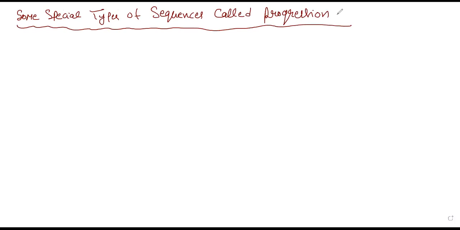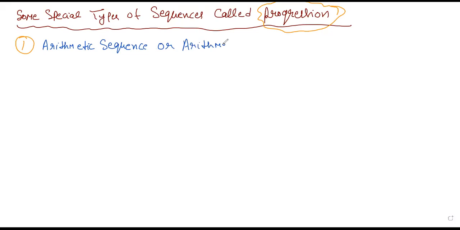So first one is the arithmetic sequence, and we can write arithmetic progression. We can write this as arithmetic sequence, and by a different name we can write this as arithmetic progression.